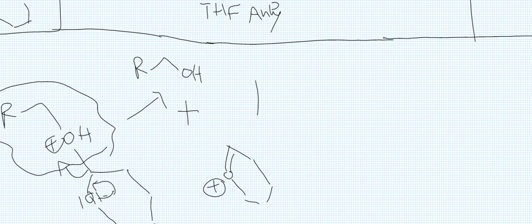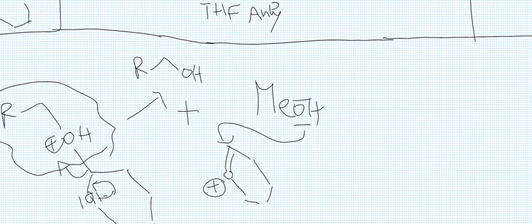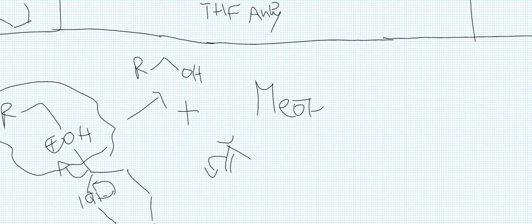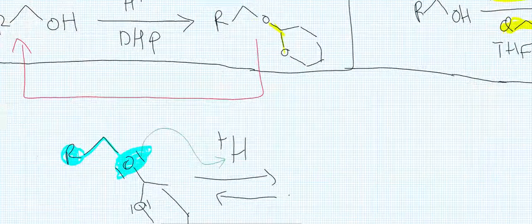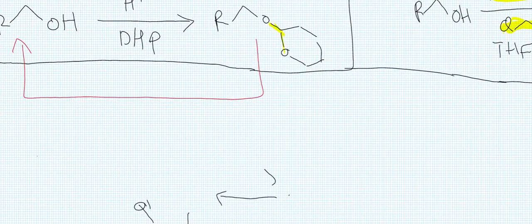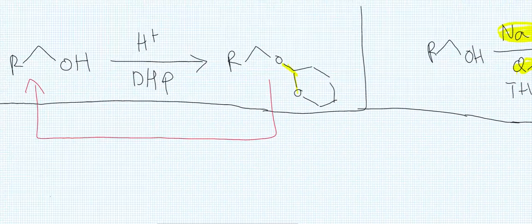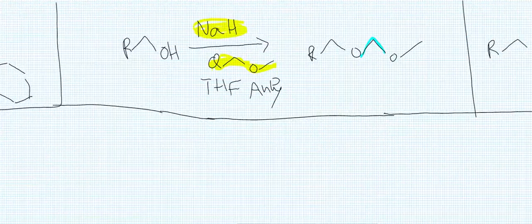If we have methanol in the medium, it is going to attack again and form a new protected alcohol. And the reaction is going to continue. So the deprotection of acetals requires acidic conditions.